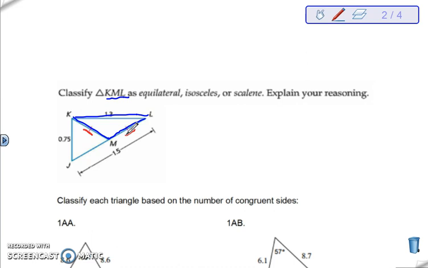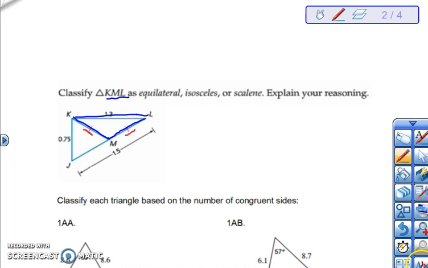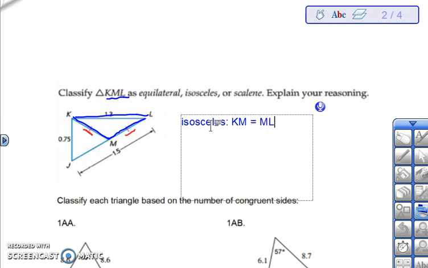So if I have two congruent sides, I am looking at an isosceles triangle. And to state our reason, or explain our reasoning, all we have to do is say how we knew that, right? So KM is congruent to ML.